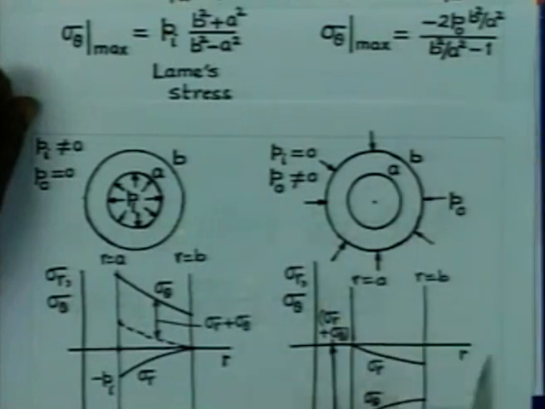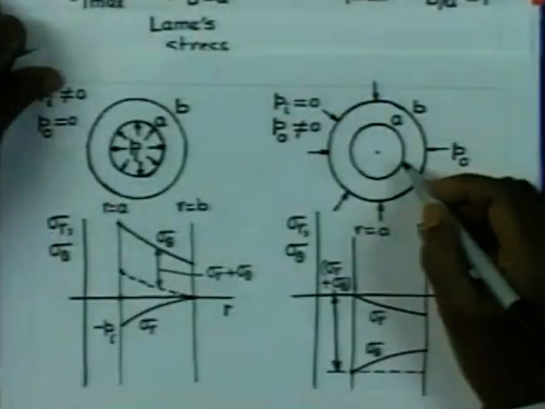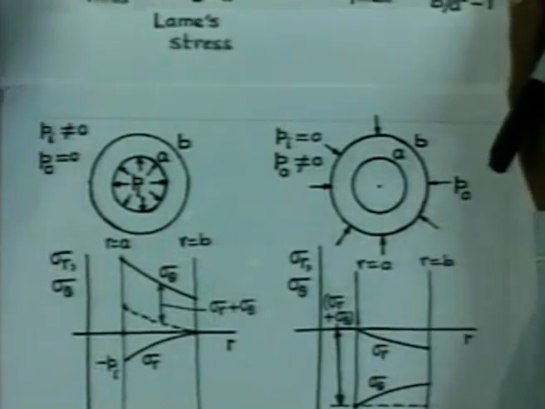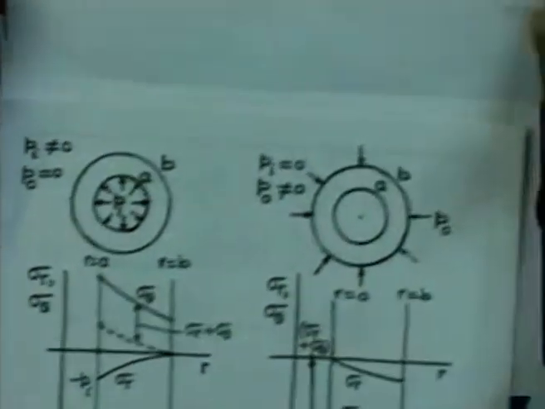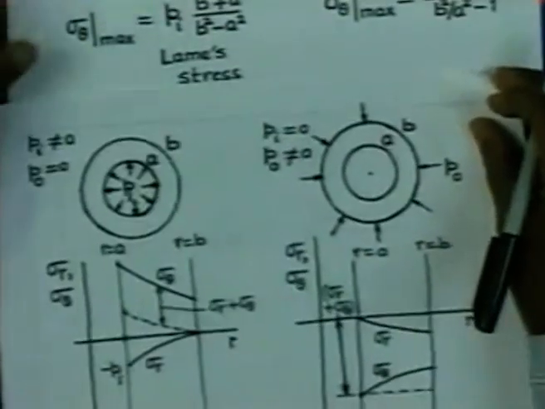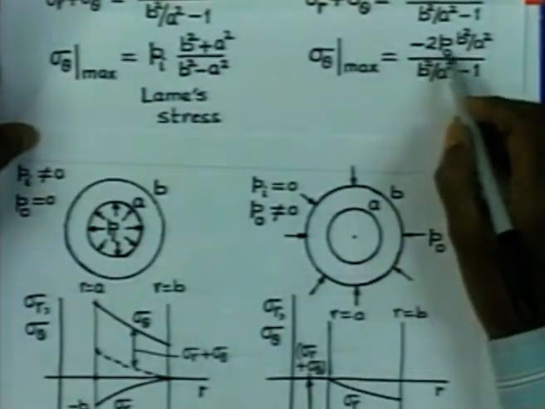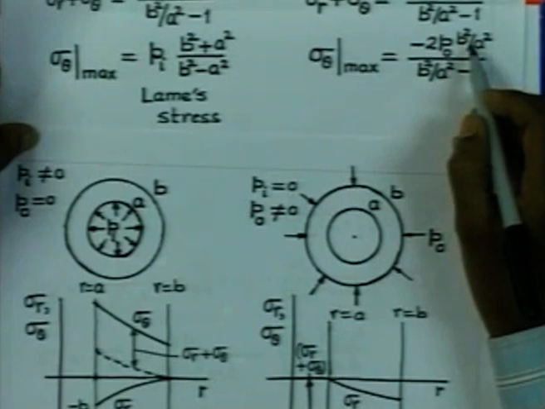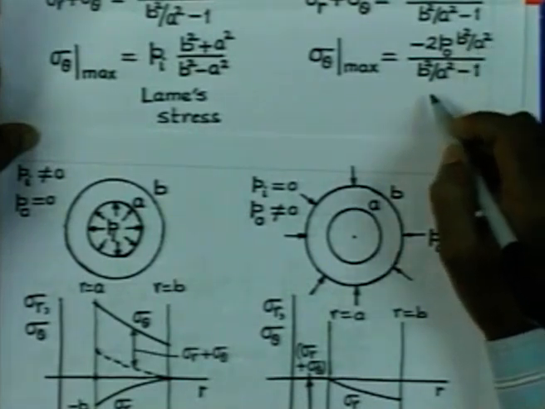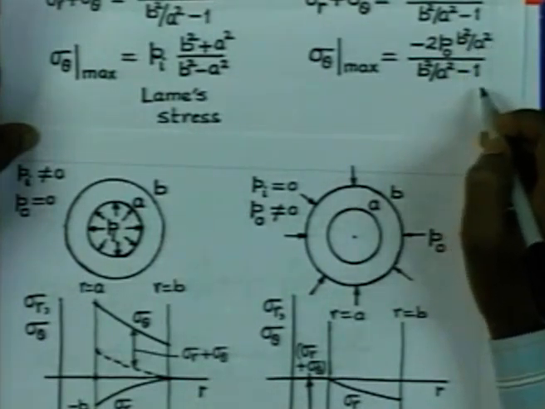Similarly, the maximum stress that we get in the case of the externally pressurized cylinder is again going to occur at the internal radius, and its value is given by minus 2 P0 into B square by A square divided by B square minus A square minus 1.